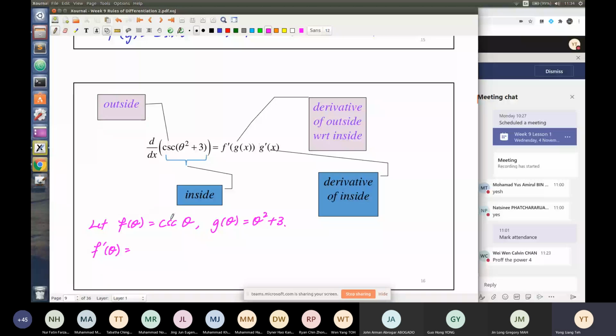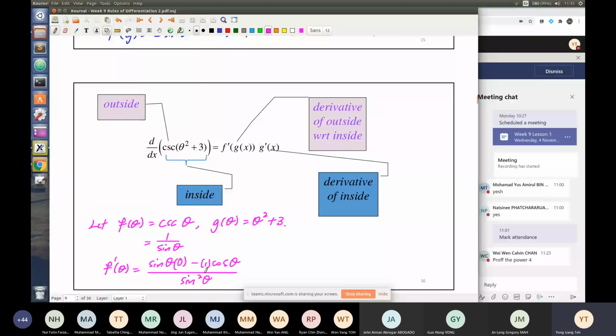If you forgot how to derive this, cosecant theta is 1 over sine theta. Recall previously we used, sorry, not chain rule, quotient rule. So f prime of theta is sine theta multiplied by the derivative of 1, which is 0, minus 1 times the derivative of sine theta, which is cosine theta, all divided by sine square theta.